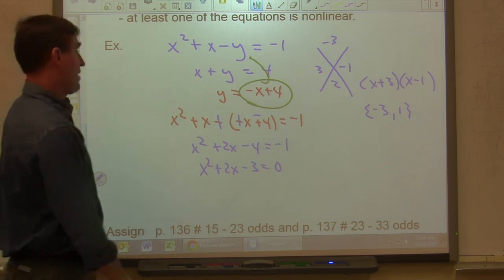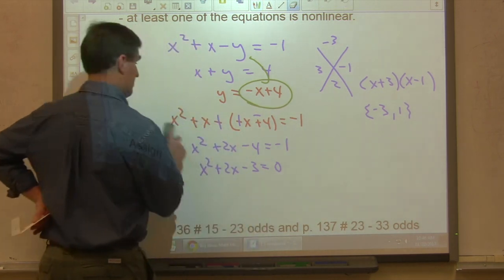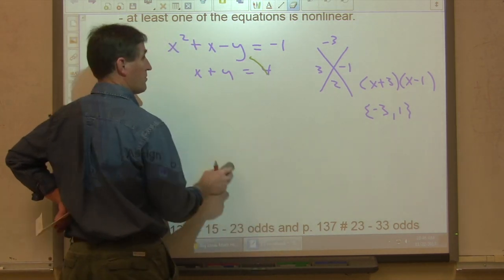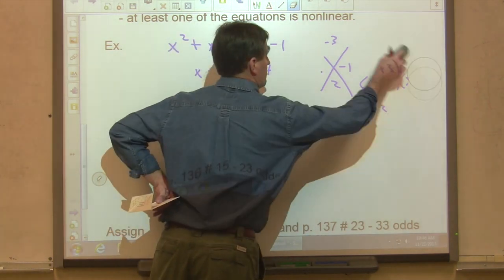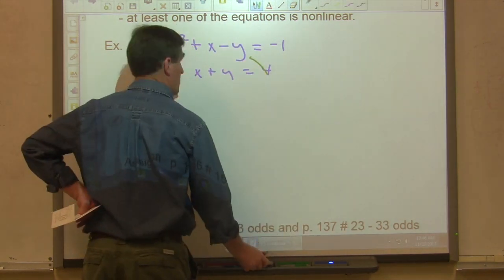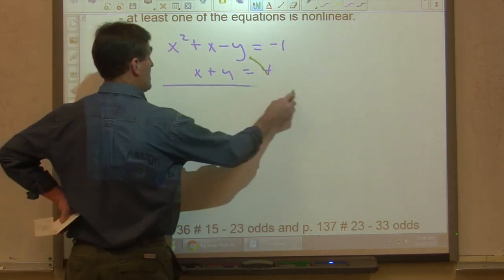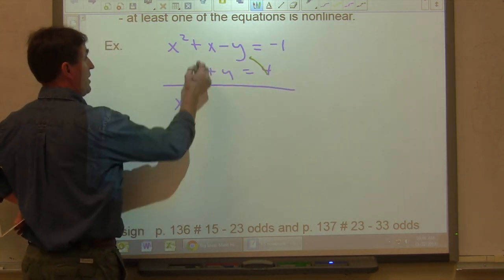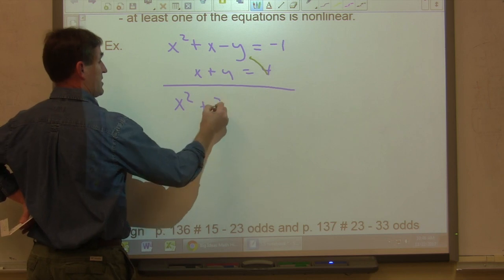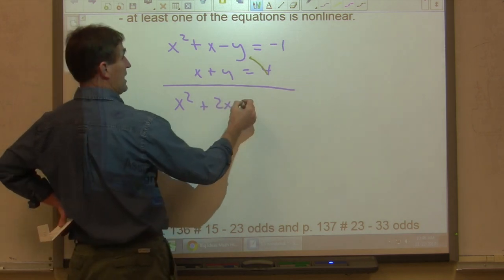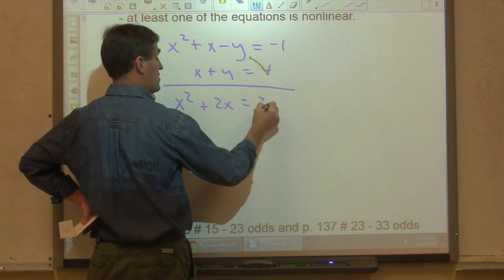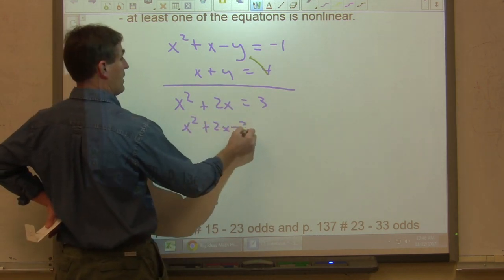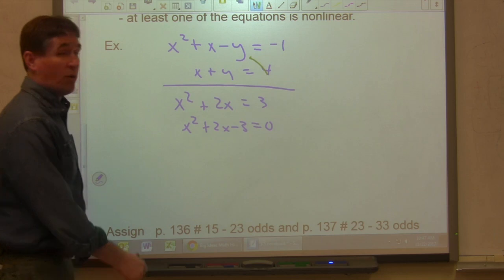Okay, if we go back and we do it by elimination, remember we get opposites, where the y's are already opposites. So we get x squared plus x is 2x. And then we get equals -1 plus 4 is 3. We move the 3 over. And we end up exactly where we were before.